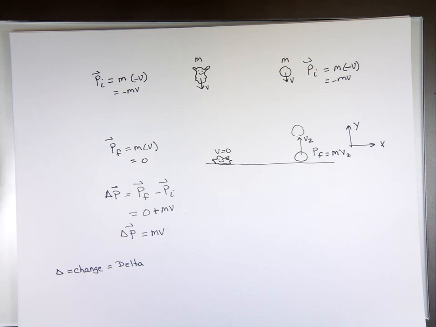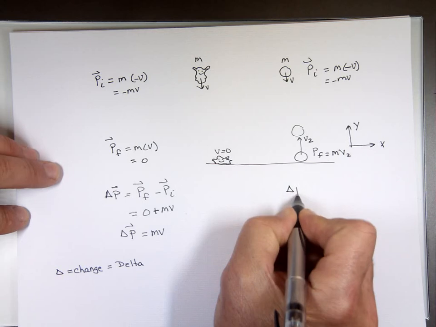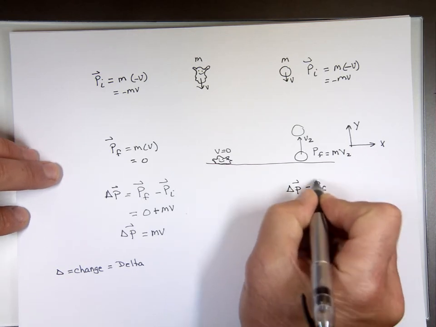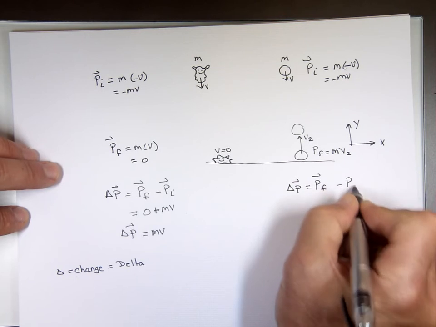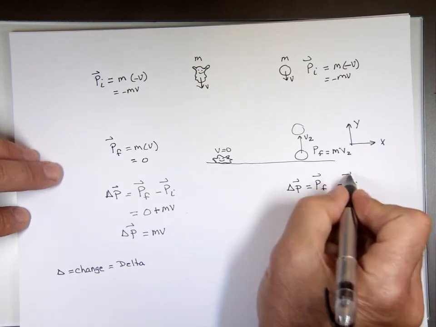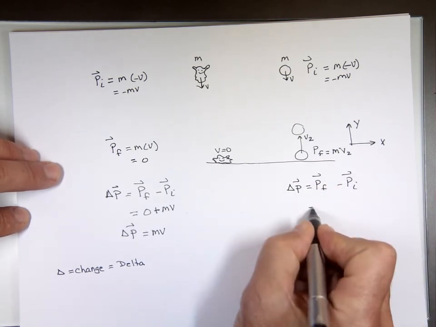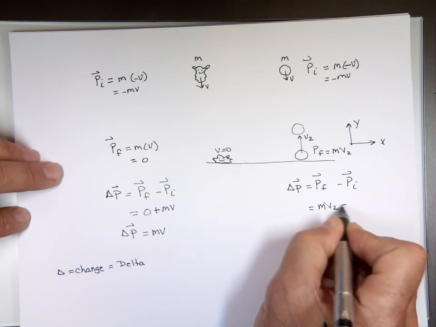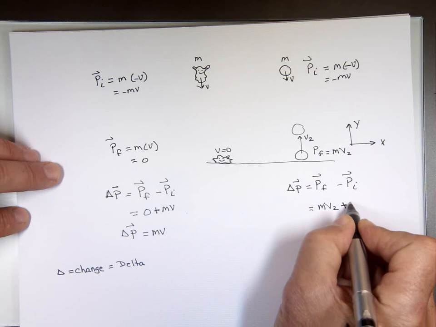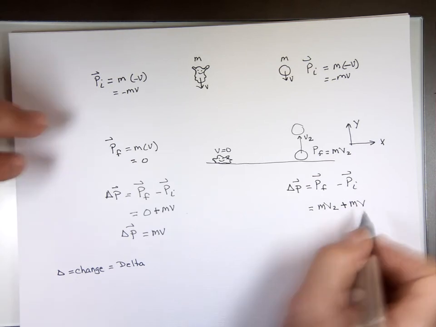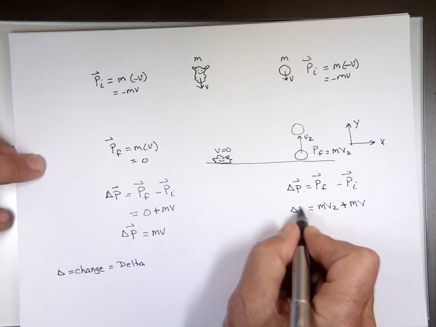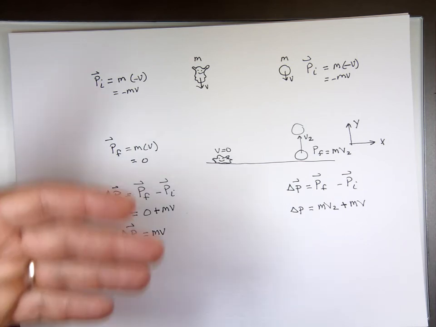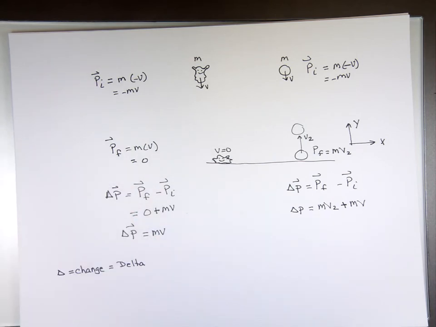So what is the change in linear momentum for the tennis ball? It's the final minus the initial. What's the final? mV2 minus the initial, which is minus, makes it a plus mV. So momentum, again, could be positive, could be negative. It depends on the direction you're moving. Could be 0.